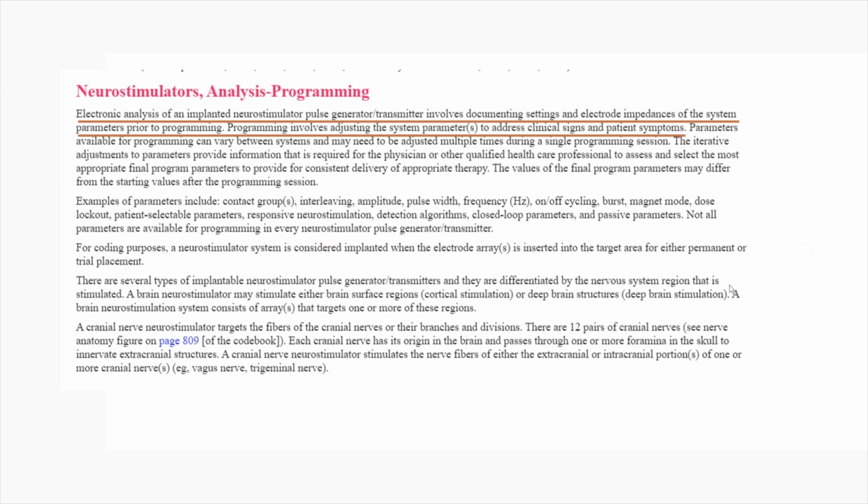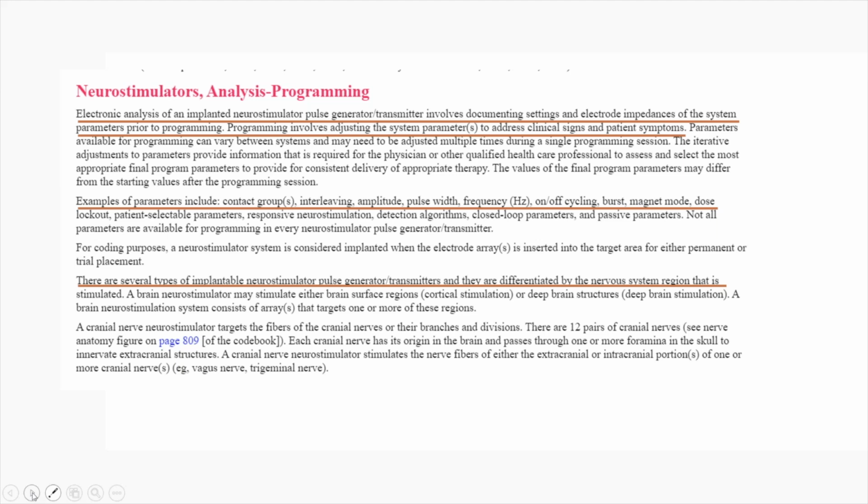It will also measure several parameters, as I said. And these are the parameters: contact groups, interleaving, amplitude, pulse width, frequency. There are several parameters that will be adjusted and monitored over a period of time. Another important thing while coding this is to know that there are several types of implantable neurostimulators, pulse generators, or transmitters, differentiated based on the location they belong to.